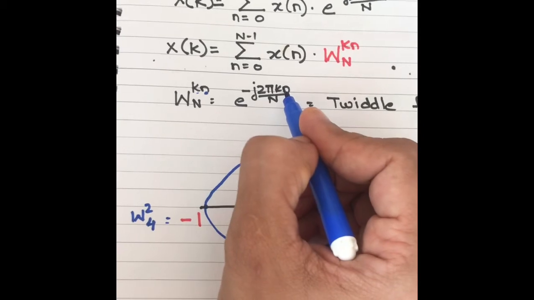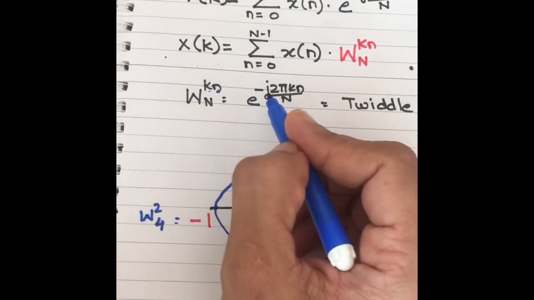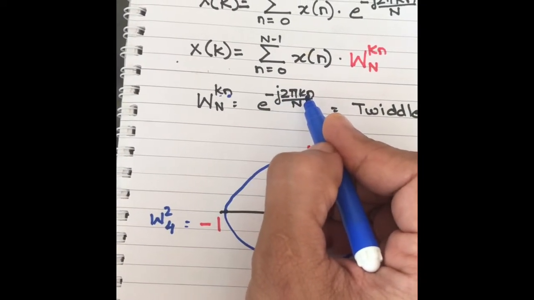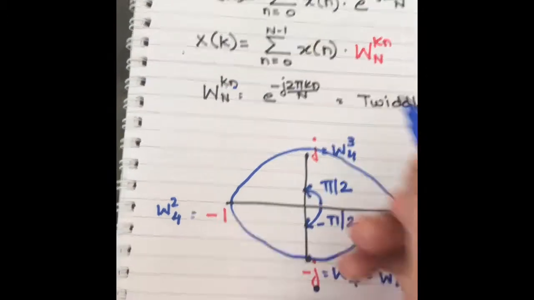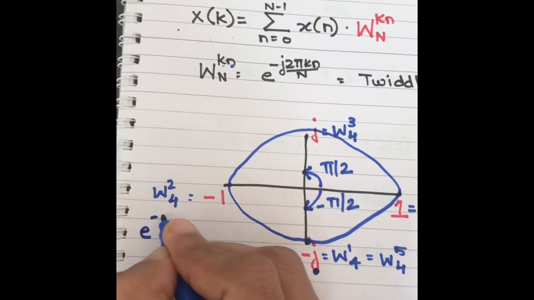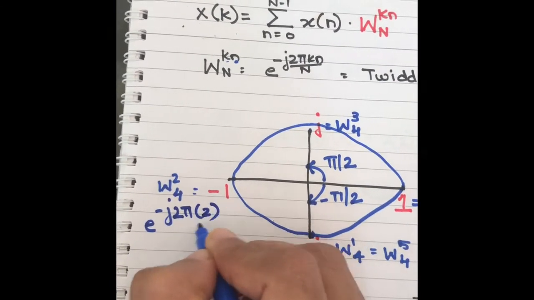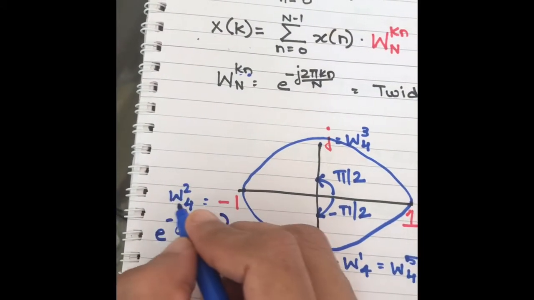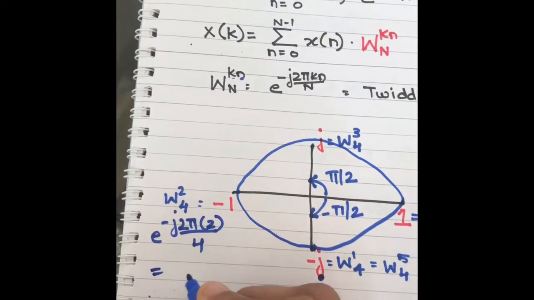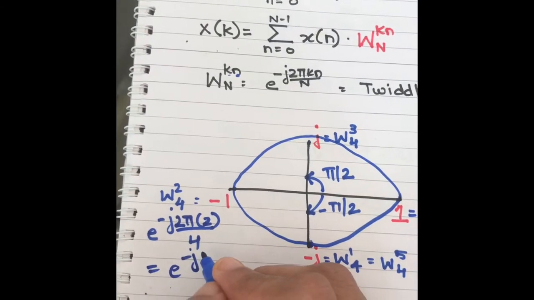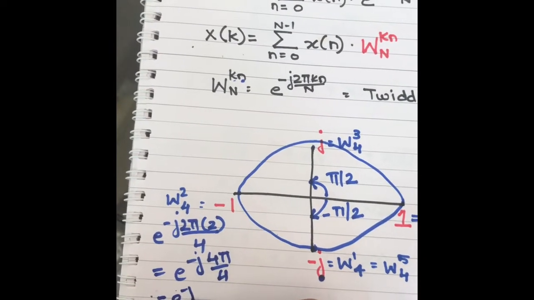Then W_4^2 means the product kn is equal to 2, so it becomes e raised to minus j 2 pi into 2 by 4, so that is e raised to minus j 4 pi by 4, which is equal to e raised to minus j pi.